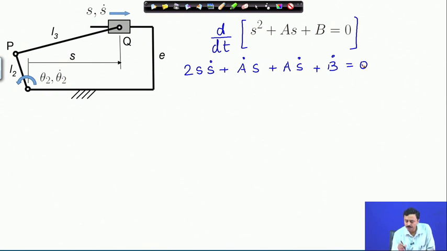Therefore, I can collect terms of s dot and take the other terms on the other side.